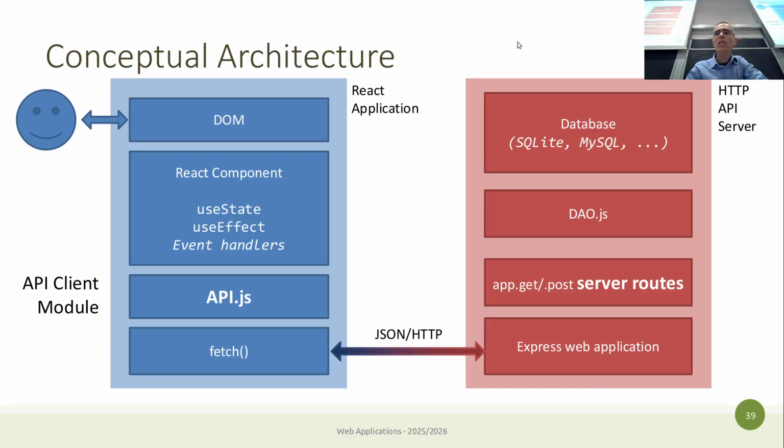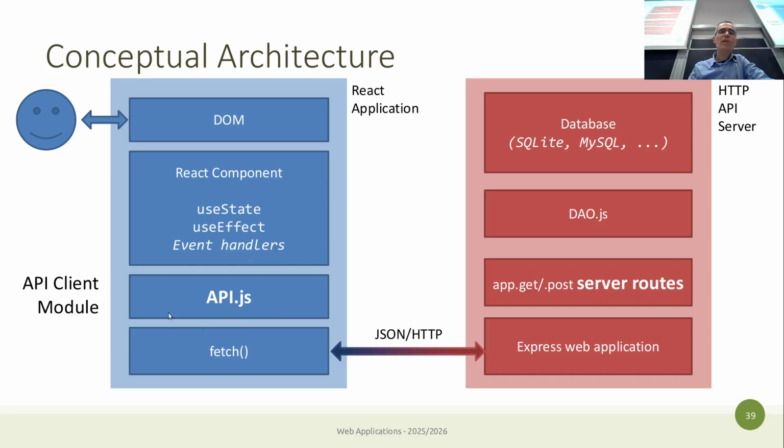The server is already ready. We prepared it during the third week of this course. There are routes, and we can get information and store information in the database, JSON and so on. What are we missing? Something that connects our React components and can handle the fetch correctly.